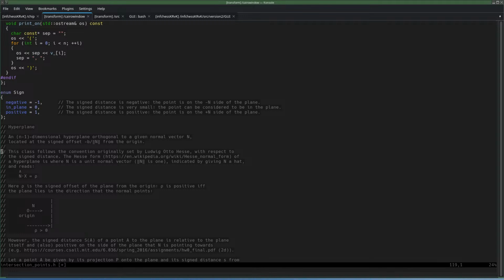This clause follows the convention originally set by Ludwig Otto Hesse with respect to the signed distance. The Hesse form of a hyperplane is where n is a unit normal vector. The length of n is 1, indicated by giving n a head, and reads n head dot x is rho. I think that we also can change rho into d.